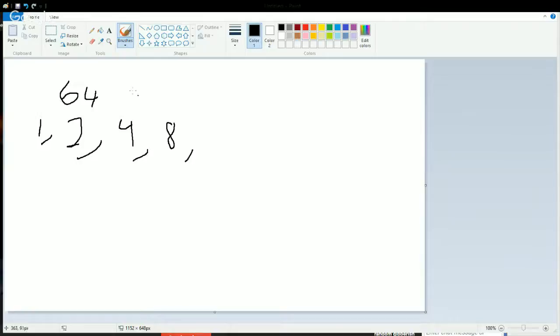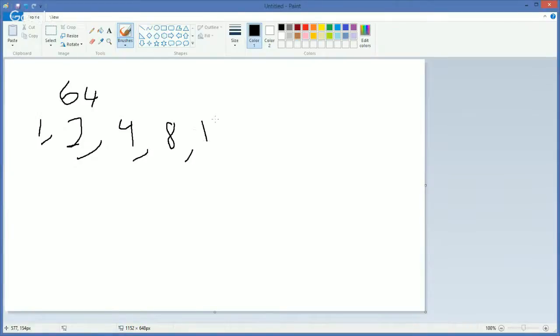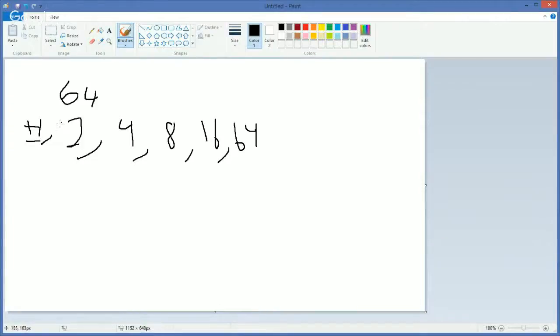Yep, there we go. So 1, 2, 4, 8, 16, and 64. But of course, each of these numbers has a negative counterpart, which when multiplied together will also equal 64, so we literally have to go plus or minus, because the numbers can be both positive or negative.